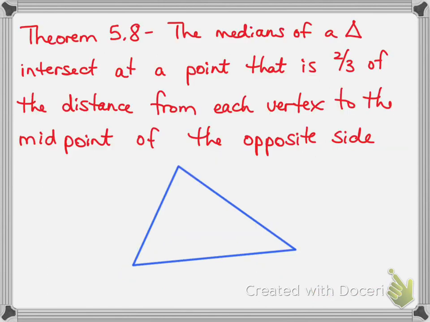Now we have theorem 5.8. It says the medians of a triangle intersect at a point that is 2/3 of the distance from each vertex to the midpoint of the opposite side. So there's a lot going on right there. First off, we need to sketch all three medians.